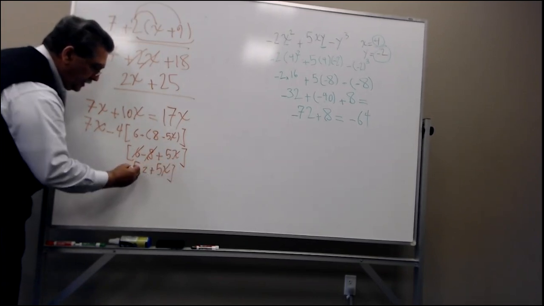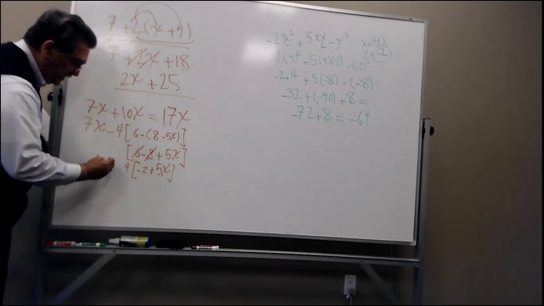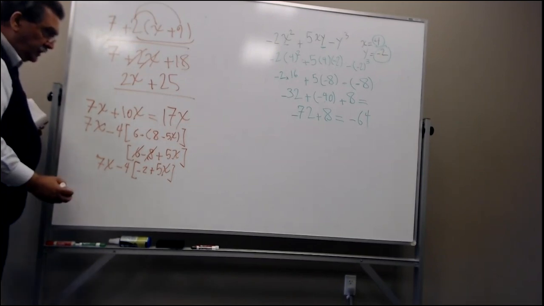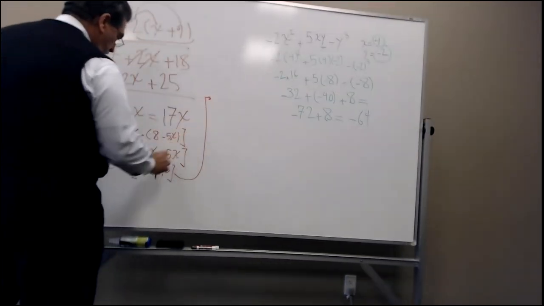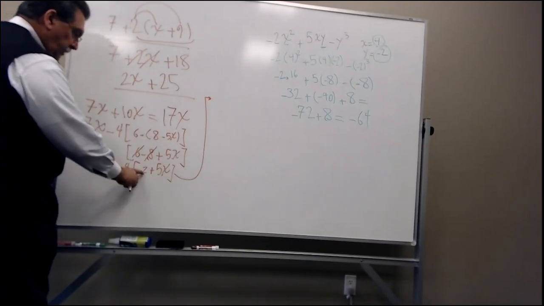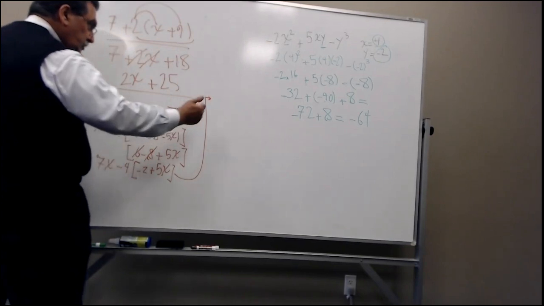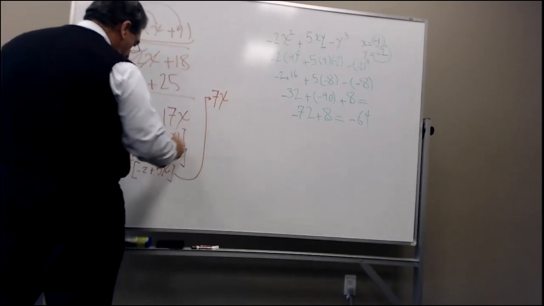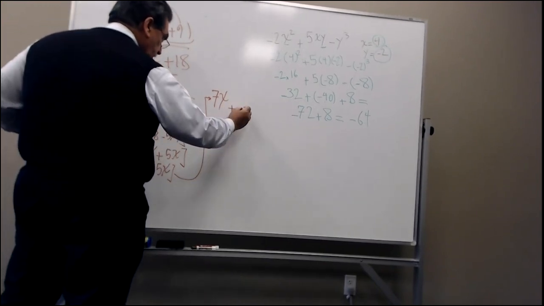Okay. And I have 4 back here, and I have 7x here. So I can go up here. I have 4 times 2, minus 4 times minus 2. I have 7x. Then I have minus 4 times minus 2 plus 8.